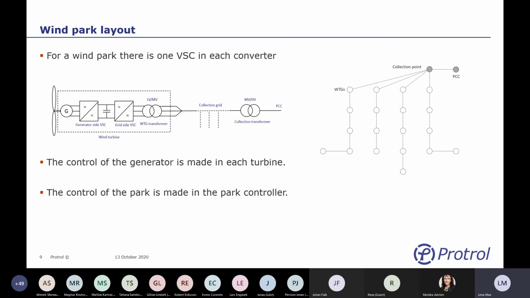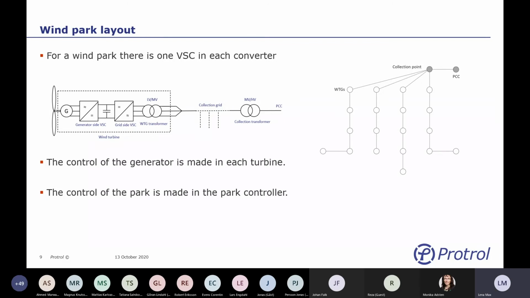And then we also have the control of the park, which is made in the park controller. The purpose of the park controller is to send suitable set points to each turbine and then make the whole wind farm act as a power park module, and make sure that it follows the requirements in the grid code.